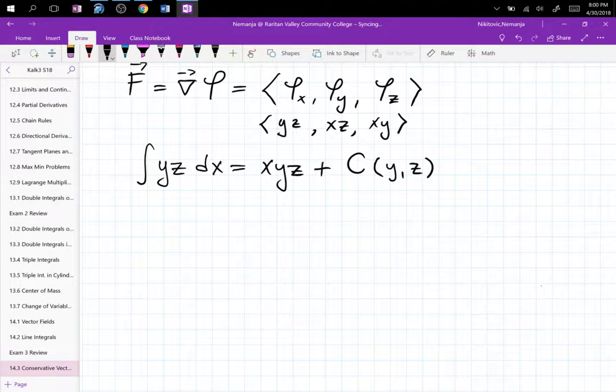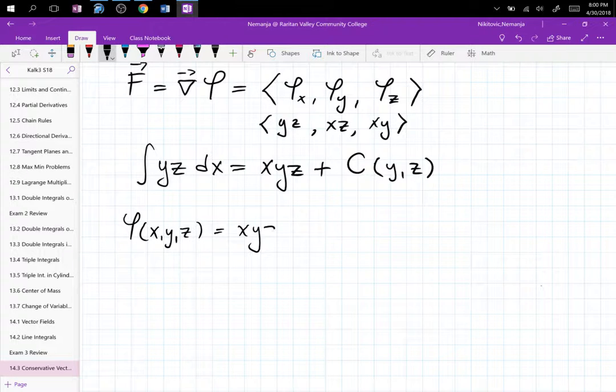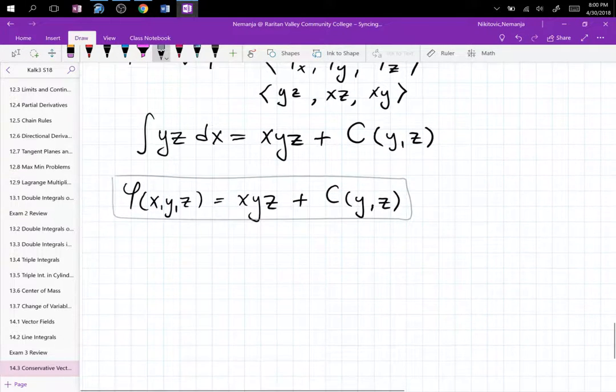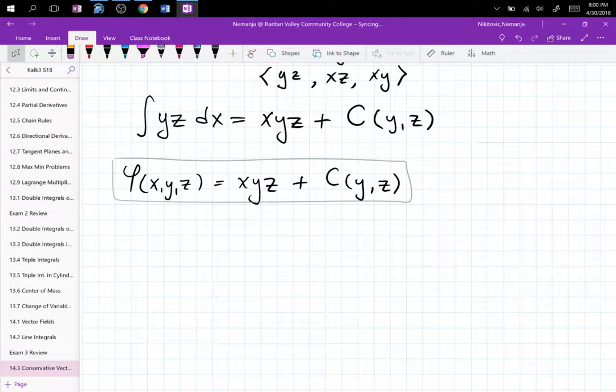There we go. Now, guys, this is already a solution, okay? It's a partial solution. I have my phi of x, y, z to be xyz plus some unknown function in terms of y and z. I can lightly box this as a partial solution. We are not done.